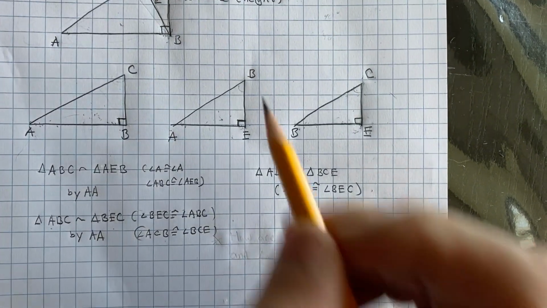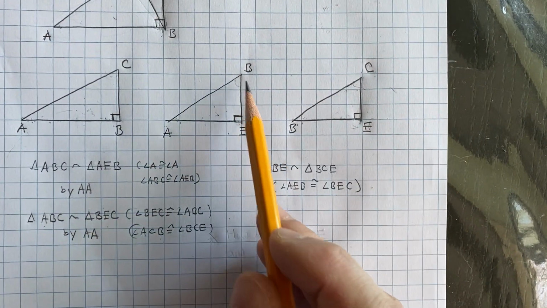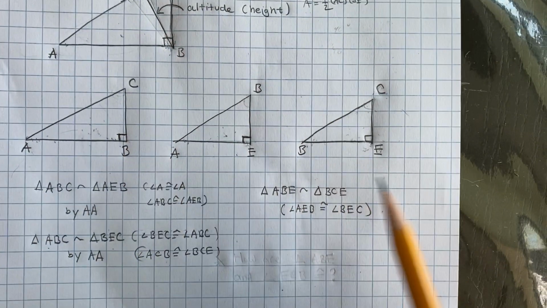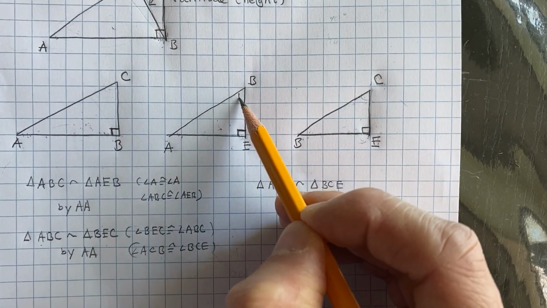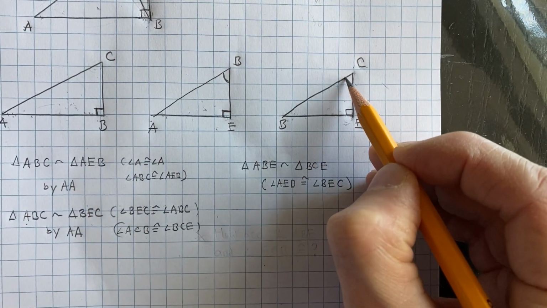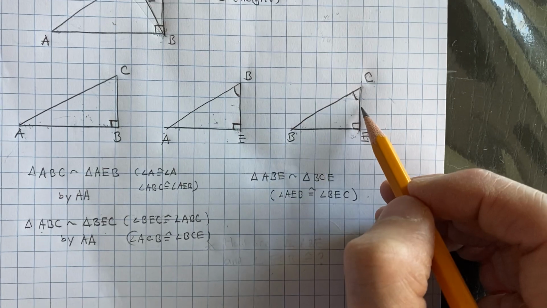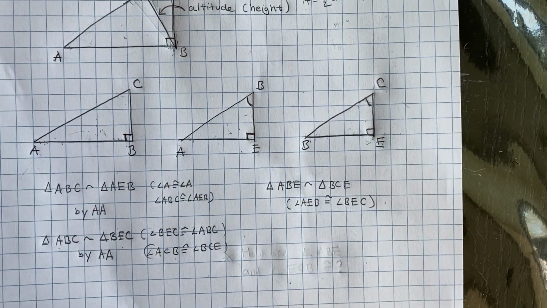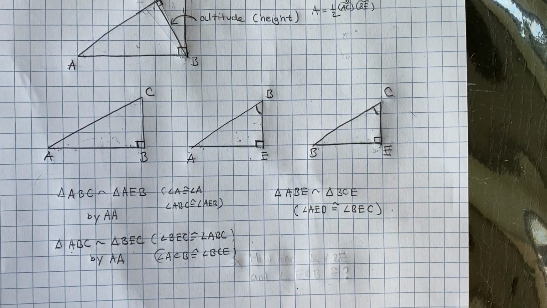Well, where's ABE? ABE in my spaced out triangle right here, that's not in the original picture, is right here. And BCE is right here, right? How are they related? I don't know if they're quite identical or congruent just yet. But let's see if we can prove it.